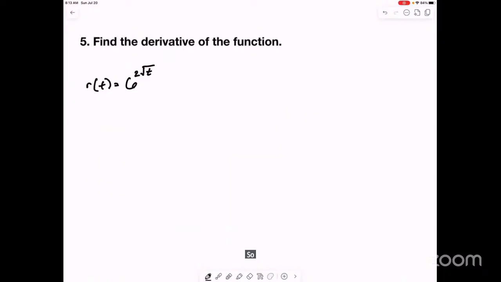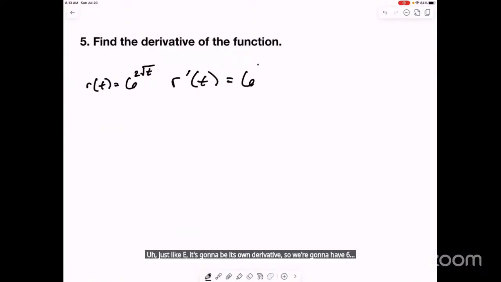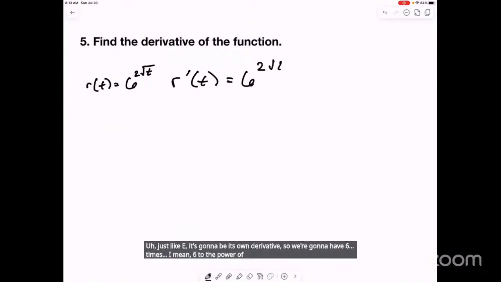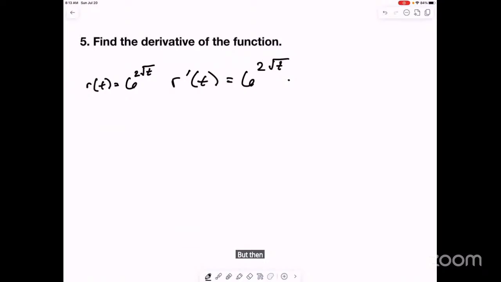So when we go to find r prime of t, or the derivative, just like e, it's going to be its own derivative. So we're going to have 6 to the power of 2 square root of t. But then we need to say times the derivative of the power. So we got to do chain rule again.